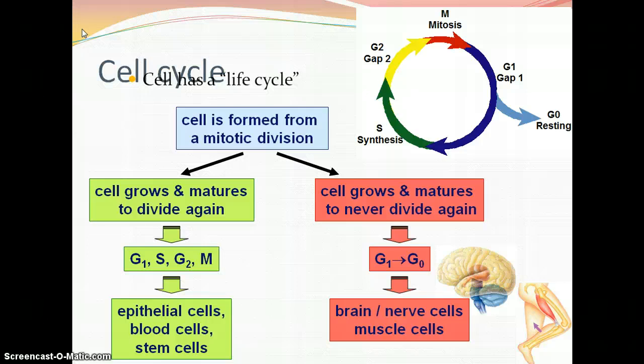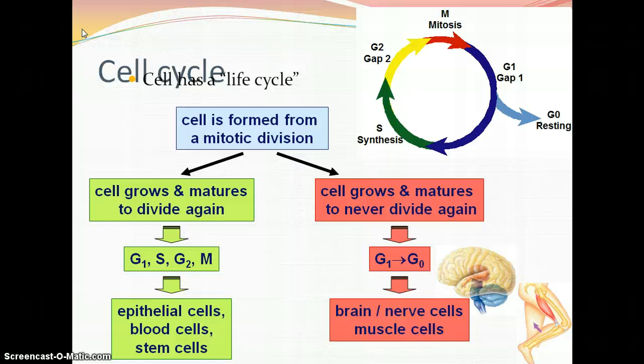There's no duplication of those cells. We don't get more of them. So what you have once development has ended is the number that you're going to end up with for the rest of your life. So that means the cell cycle never goes into that M phase.